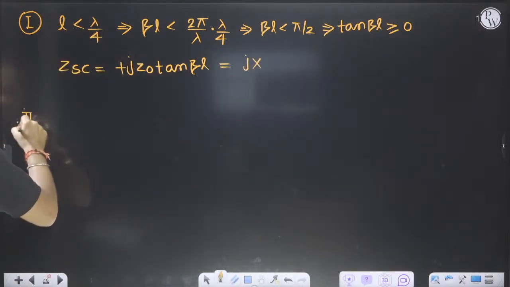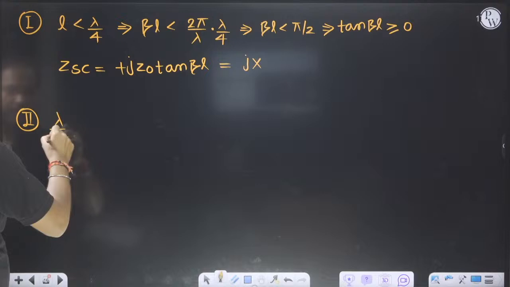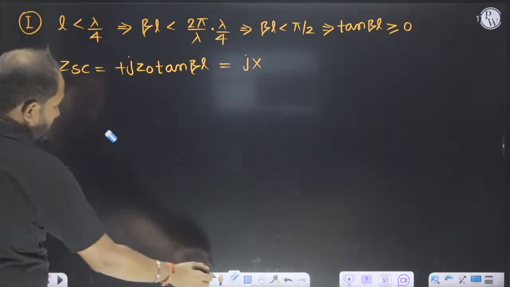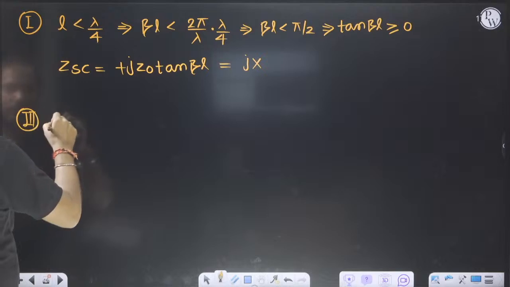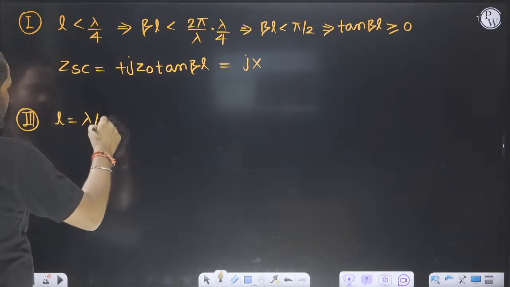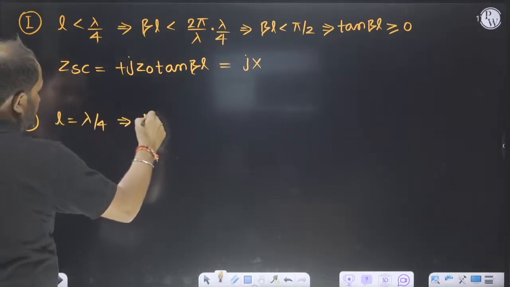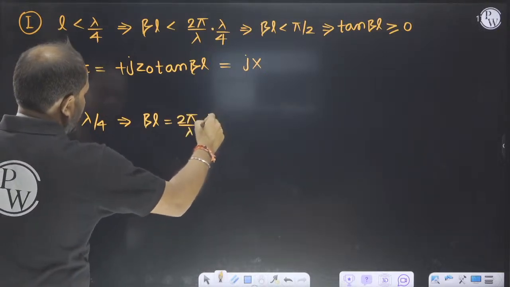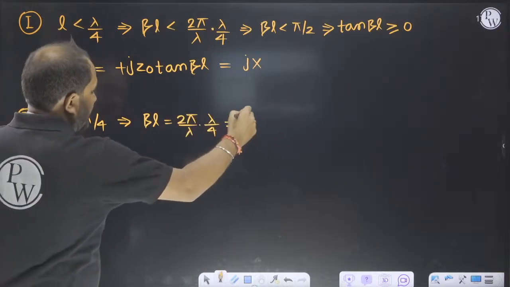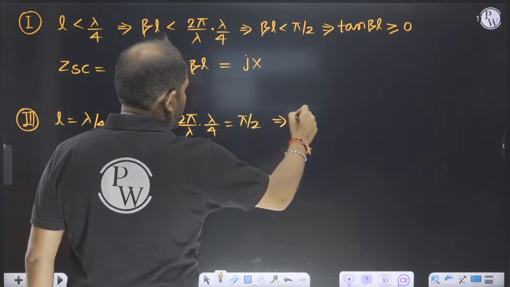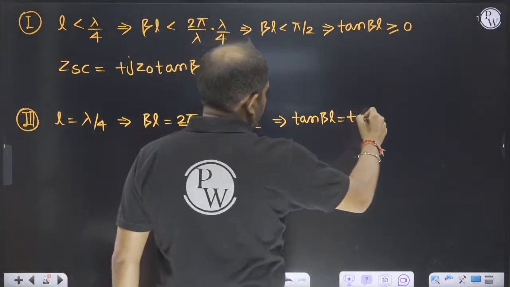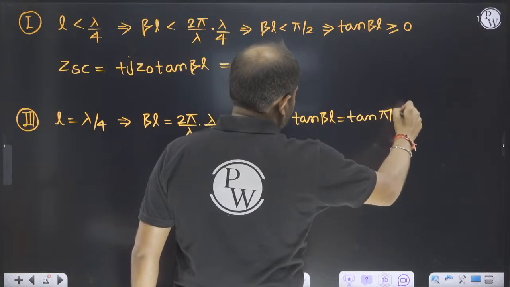Then we have length lambda by 4 to lambda by 2. So at length lambda by 4, beta L will be equal to 2 pi by lambda into lambda by 4. It will be pi by 2. In this case, tan beta L is infinite, since tan pi by 2 is infinite.